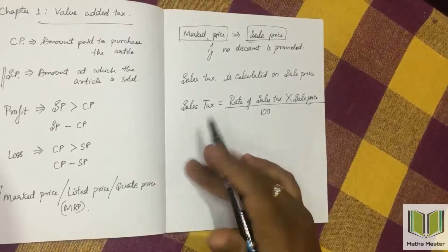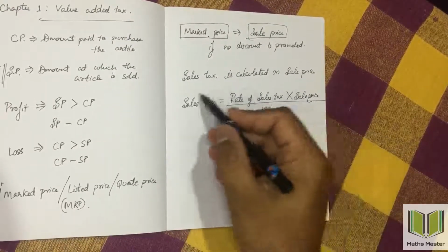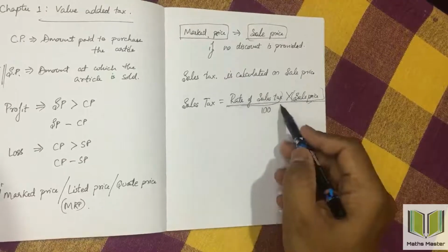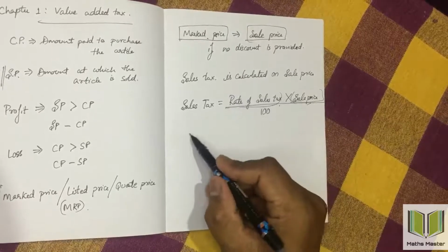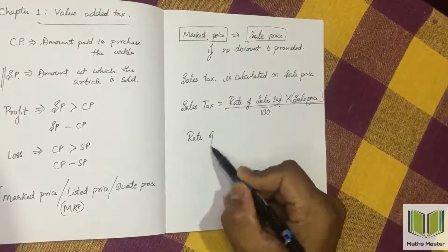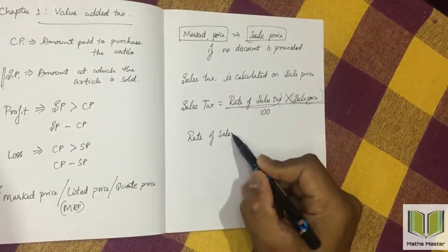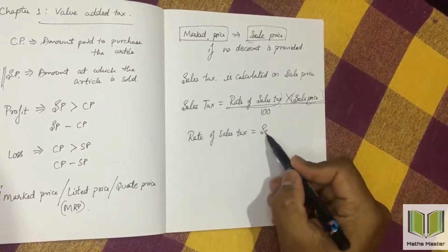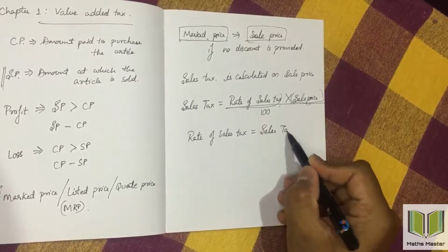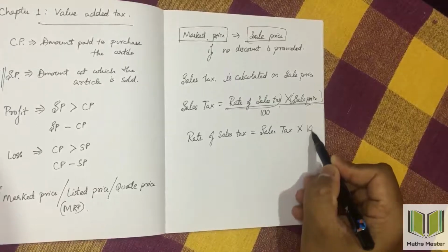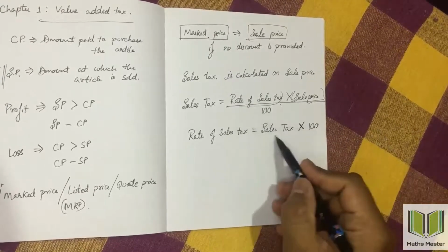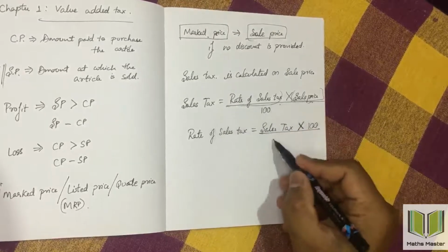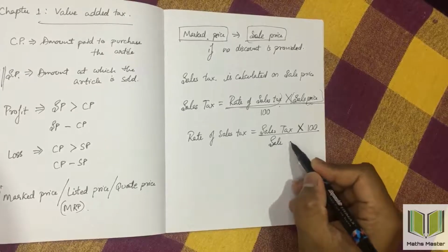Okay. Now, how do I find rate of sales tax? It's the same exact thing. If I have to find sales price or if I have to find rate of sales tax, we can rearrange the formula. Rate of sales tax will be equal to, the 100 comes to the other side, which makes it sales tax multiplied with 100, divided by, when reciprocal happens, sale price goes to the denominator onto the other side, sale price.